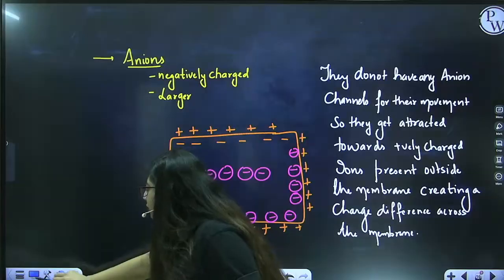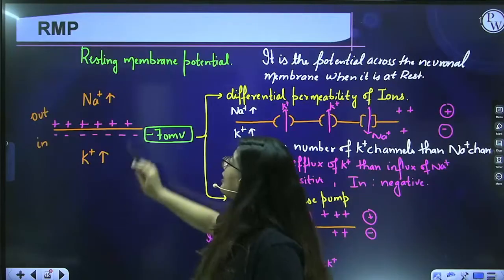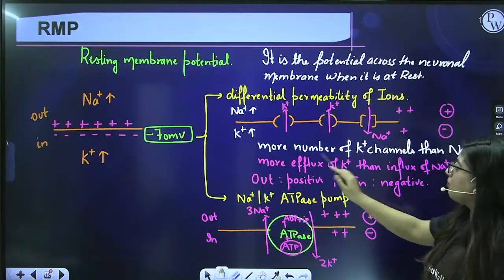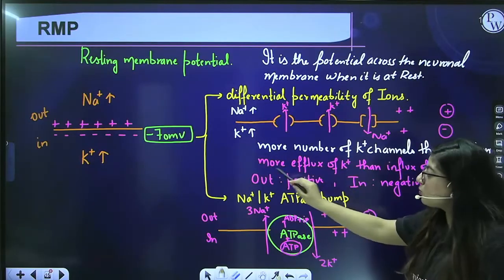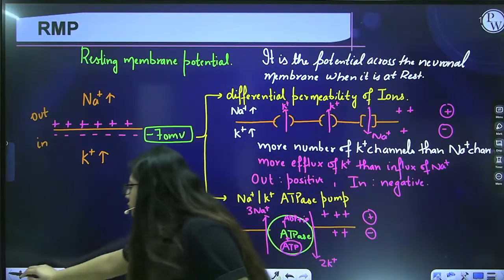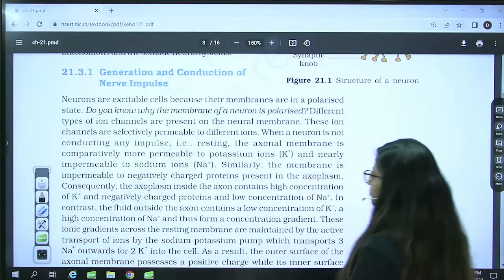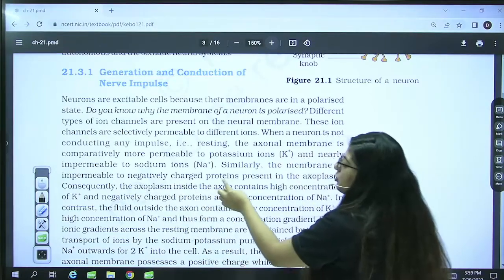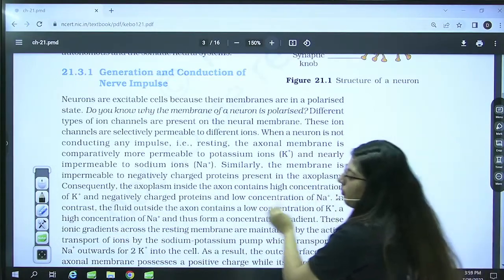This is what we have done. Whenever it is at resting membrane potential, there is differential permeability, there is more efflux of potassium ions, and this is what you call permeability also. Similarly, the membrane is impermeable to negatively charged proteins present in the axoplasm.